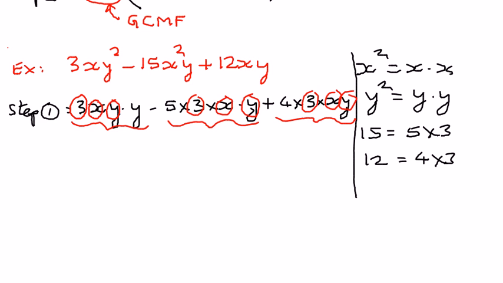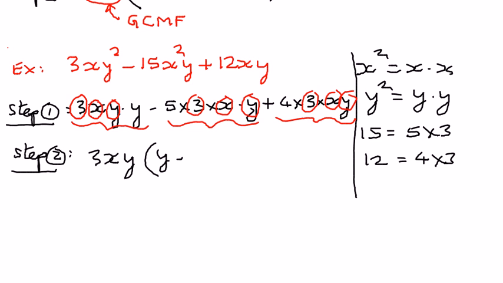So therefore, if we were to put all these things together, we can write it as step number 2 as follows. If I were to take out 3xy as common, what is left in the first expression? y. What is left in the second expression? 5. And what is left in the third expression?